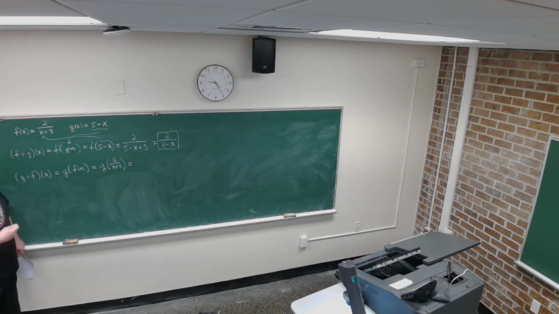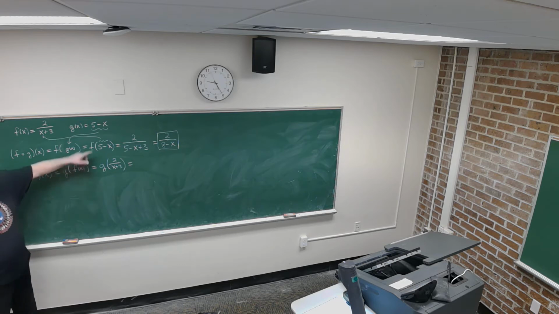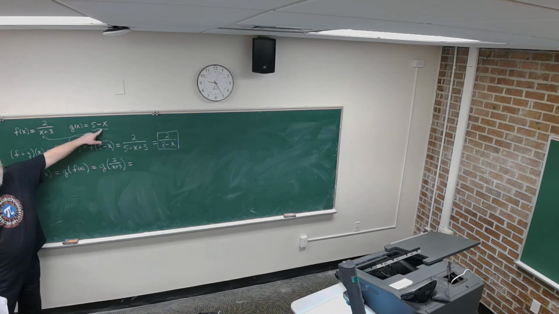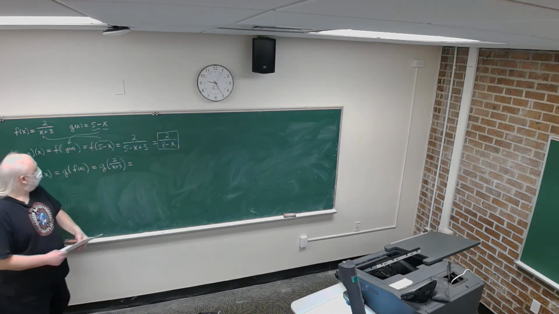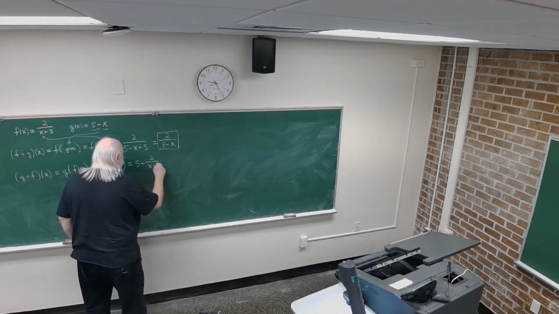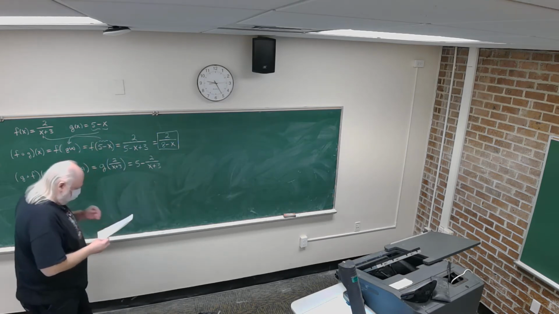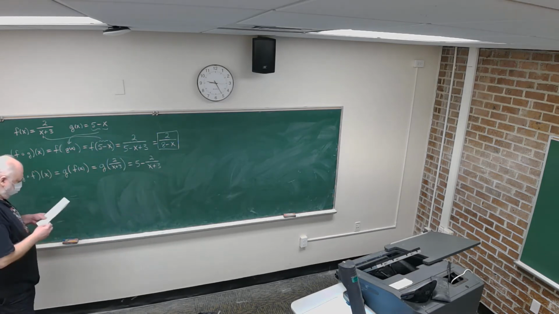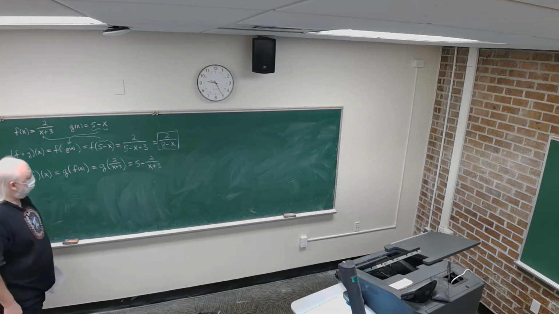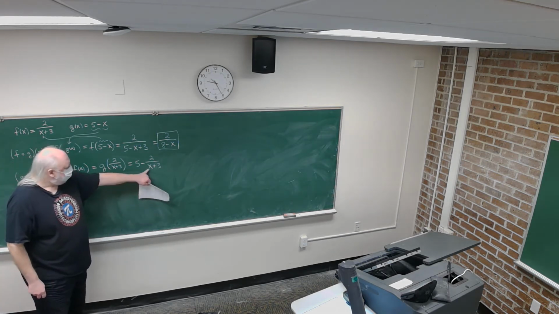And now to evaluate g of 2 over x plus 3, wherever we see an x on the right hand side of g of x, we put in 2 over x plus 3. So this is equal to 5 minus 2 over x plus 3. And now you have to simplify. The common denominator here is x plus 3.